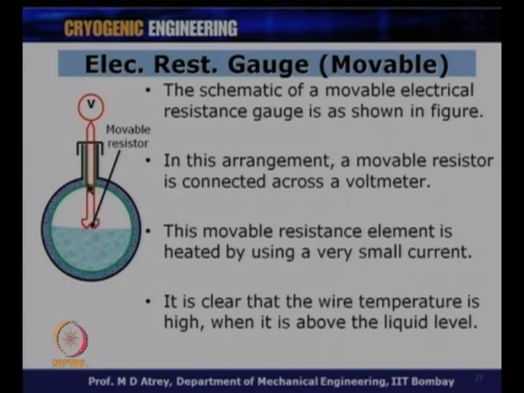If you move the sensor, at a particular point there is a sudden change of temperature, and therefore a voltage change would occur, and from that you will know that the level lies at this point. If you take it up and start coming down, at a particular point, because of the heat transfer characteristic in the gas and in the liquid, there is going to be a temperature change, which is shown as a change in value of V. Therefore, you can calibrate with the movement of this sensor at what point it happens, and that will indicate indirectly the level of the cryogen.